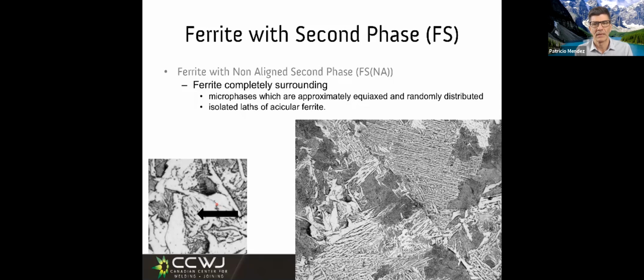So with this understanding that reading these microstructures involves a significant amount of subjectivity, we get to see something that can be very well aligned or something that is kind of spots. And those would be FSNA.